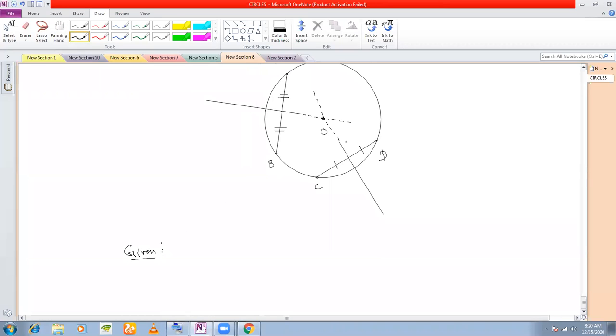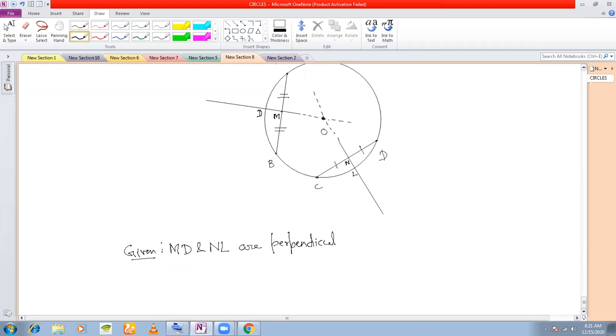Let's call this M, this D, this N, and this L. So MD and NL are perpendicular bisectors.